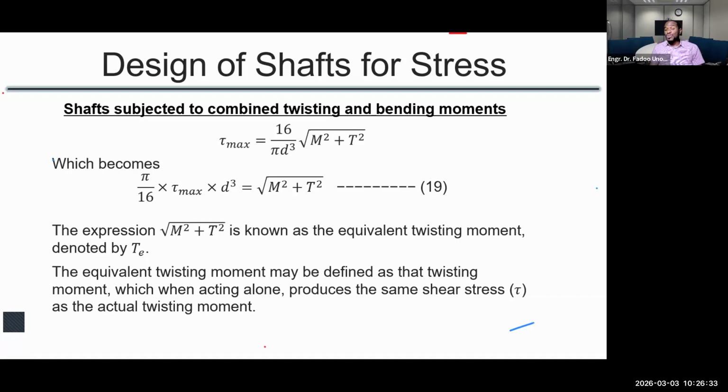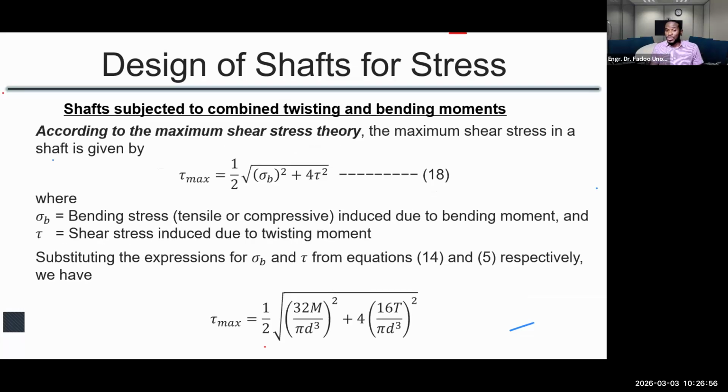All right? And we define the equivalent twisting moment as that twisting moment that, when acting alone, has the same effect as the actual twisting moment that is transmitted in the shaft in conjunction with the bending moment, because it's a combination.